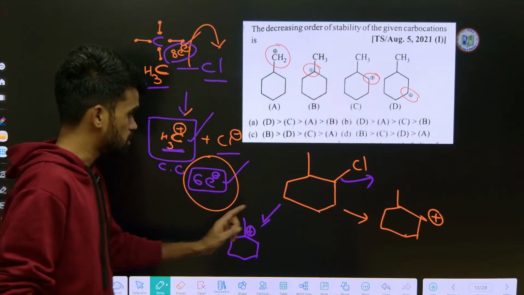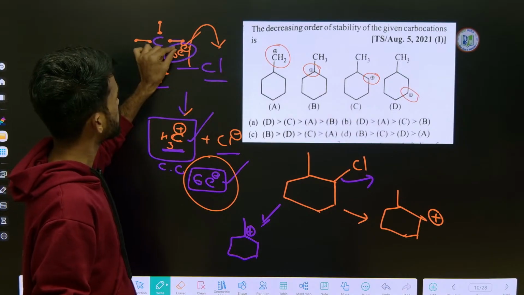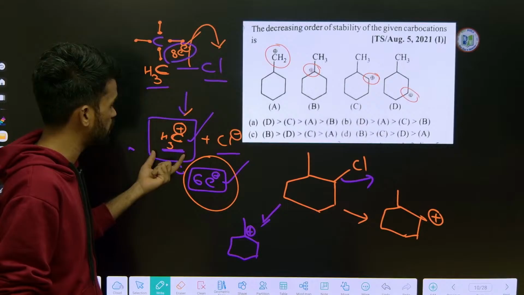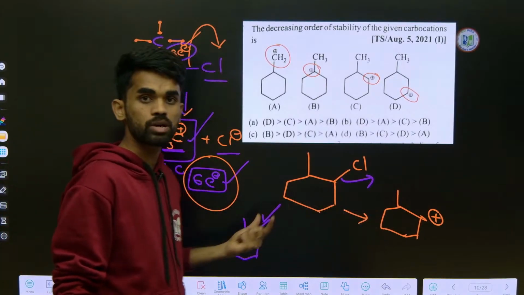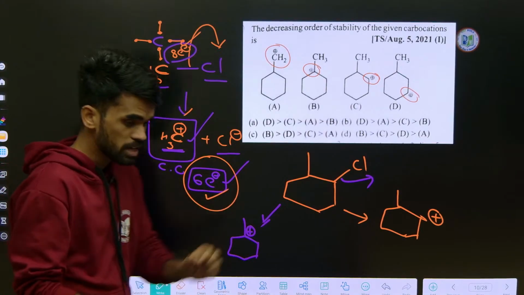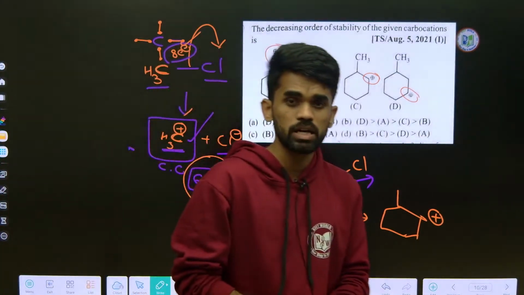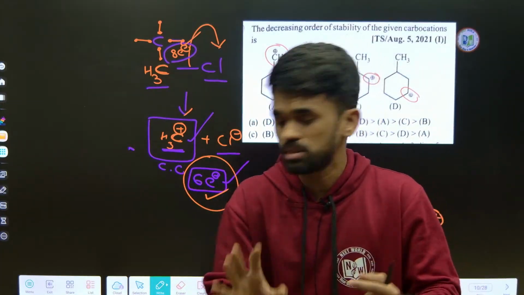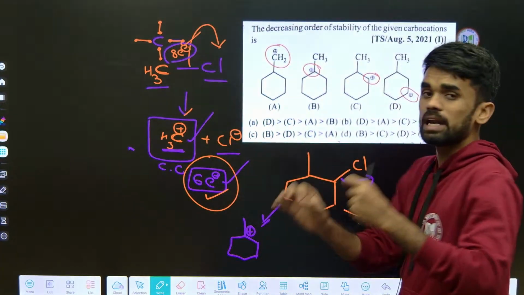Hope you got some clarity: when an electronegative atom is removed, heterolytic cleavage takes place, so that it gives a carbocation. These carbocations are electron deficient, having only 6 electrons. Since they have only 6 electrons, the carbocations require 2 more electrons. That is what I can say, carbocations are electron deficient.